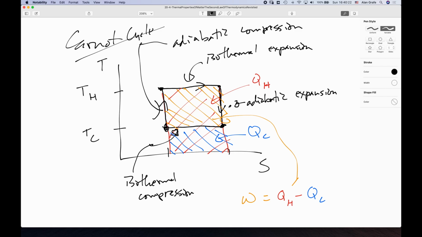Any real world process will give you delta S greater than 0. So this is the only one. You can see right here, you loop back, you end back up at the same S you had before, so delta S equals 0. Second law of thermodynamics says delta S can't go negative, so this is literally as efficient as it gets.